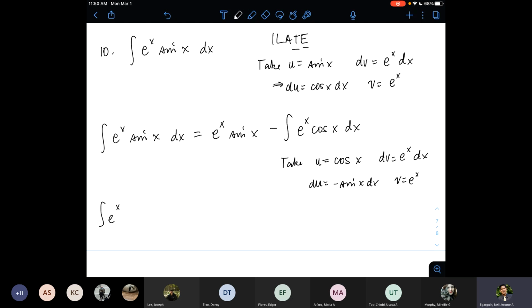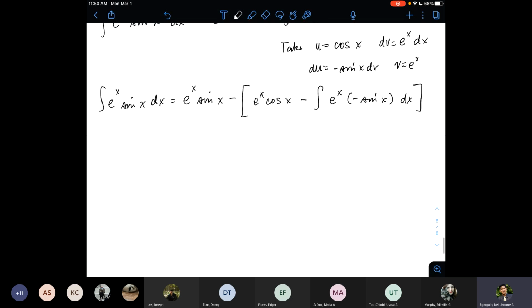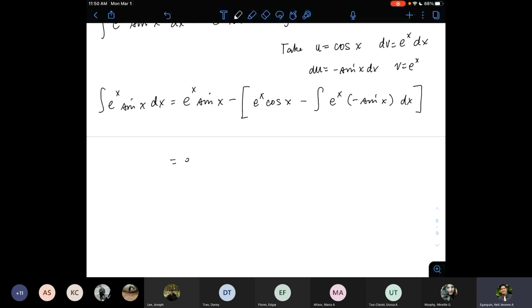So now the integral of e to the x sine x dx will be e to the x sine x minus, I'll use a big set of grouping symbols here, the new uv, e to the x cosine x, minus the integral of v du, e to the x times negative sine x dx, and close the grouping symbol. And then let's simplify it first.